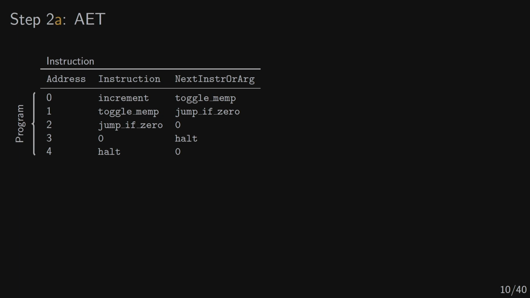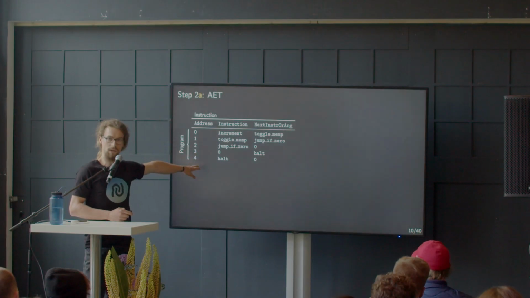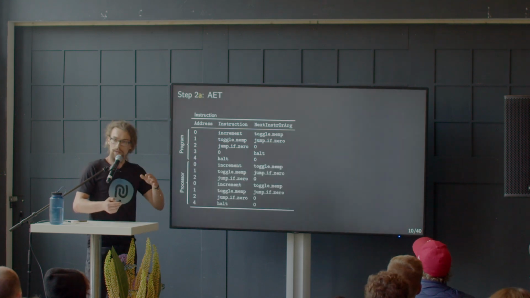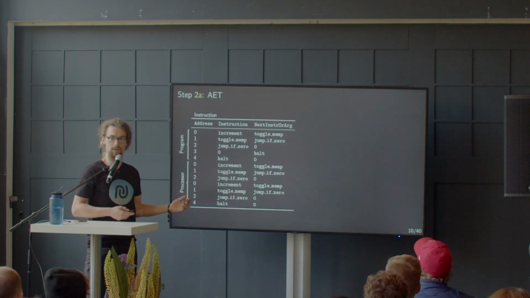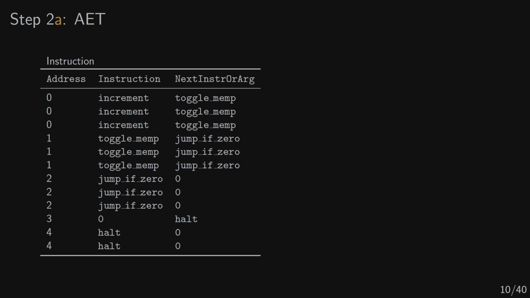We fill it in by first copying over the entire program. And we have a new column here, next instruction or argument, which is just copied over from the program. And if the instruction is the last one, we just fill in a 0. And we fill in, additionally, the entire trace of the processor. You just copy it over. And then we sort that entire thing by address.